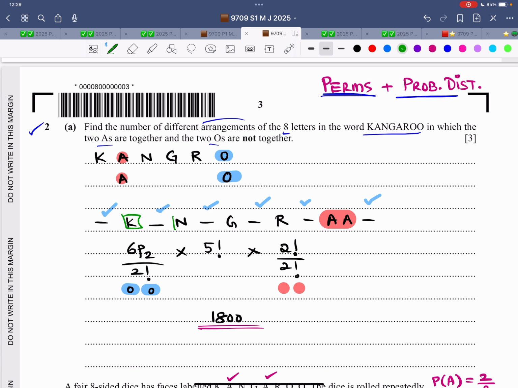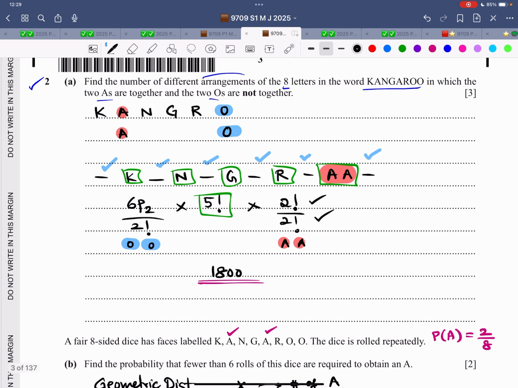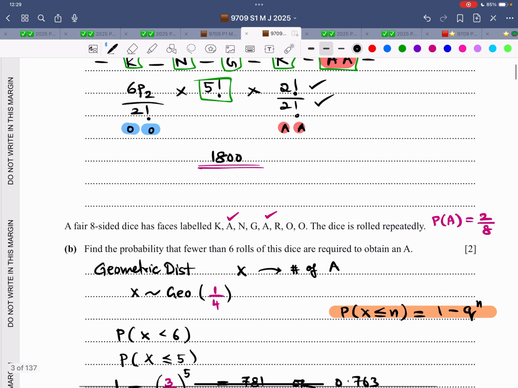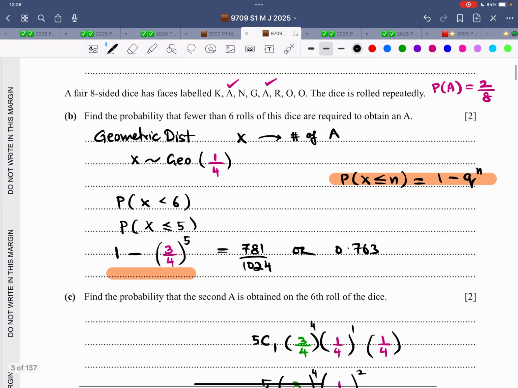For this K, N, G, R, double A. This is 5 factorial. And what about the red ones? The 2 factorial over 2 factorial, that is for the 2 A's, and you get this nice answer, which is 1800.